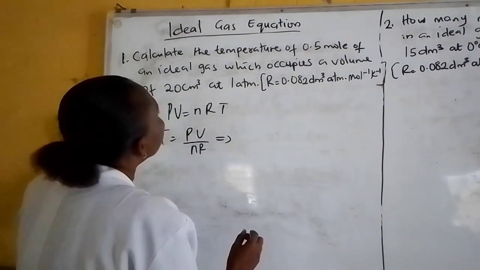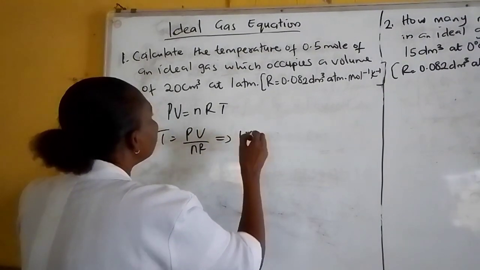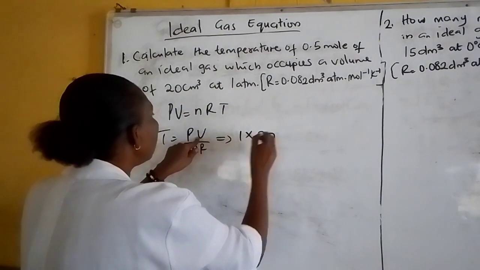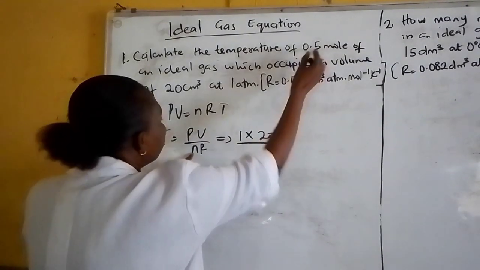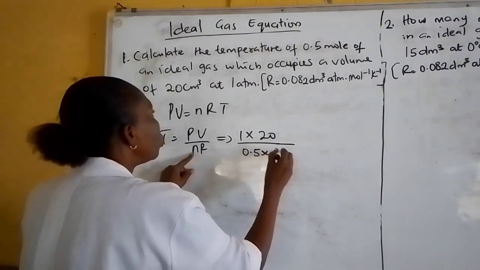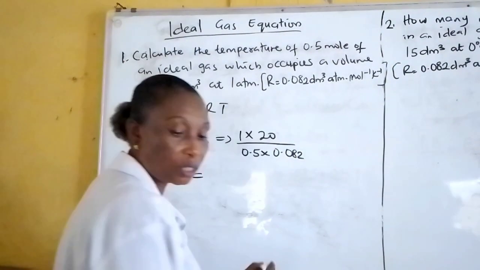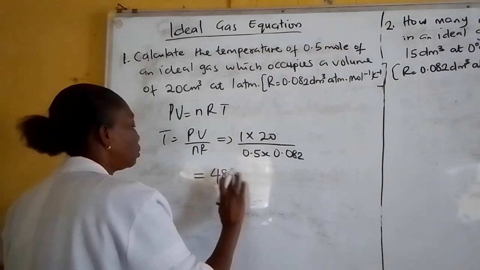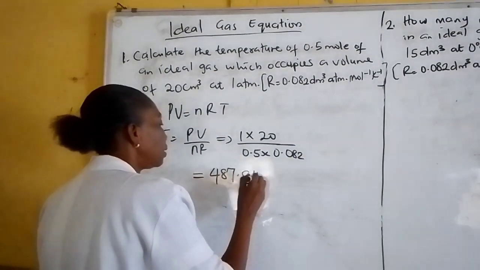And what is our P? That's 1 atmosphere. And our V is 20. And our n, that's the number of moles, is 0.5, while our R is 0.082. And this will give us 487.8 Kelvin.